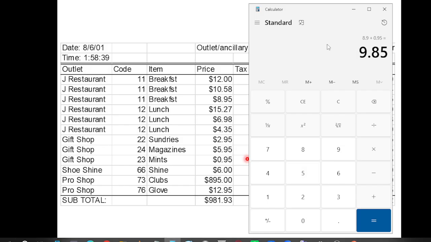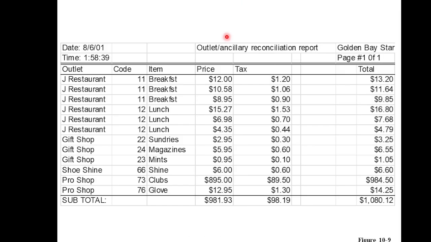So that is equal to 9.85. So all you need to do is just add everything, okay? And then the price plus the tax, that is 13.20, then 10.58 plus $1.06, that's 11, and so on and so forth, things like that.